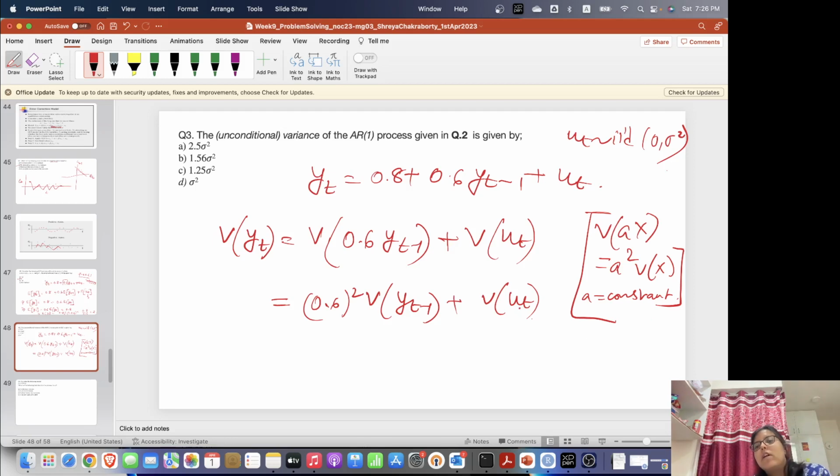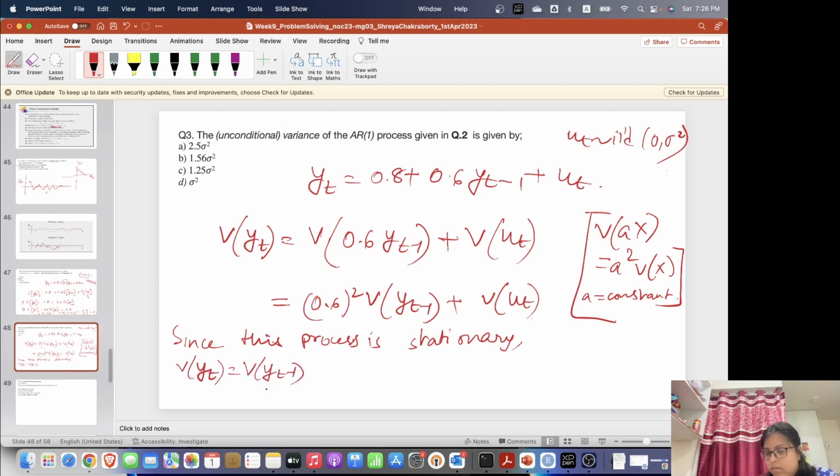Okay, so variance of ut is sigma u square, and since this process is stationary, variance of yt equal to variance of yt minus 1. Therefore, what do we have? Variance of yt equal to 0.36 variance of yt plus sigma square.